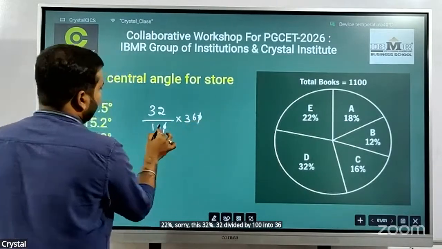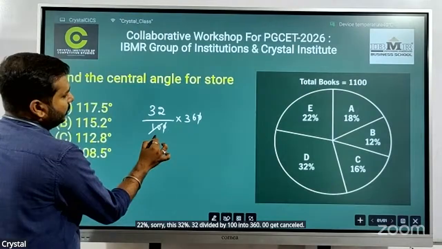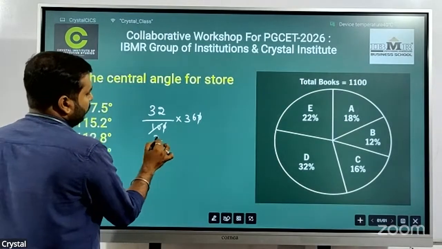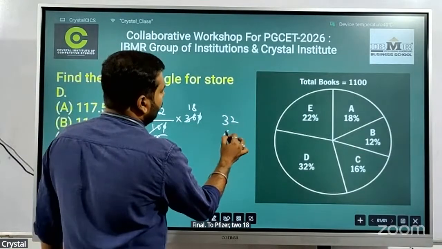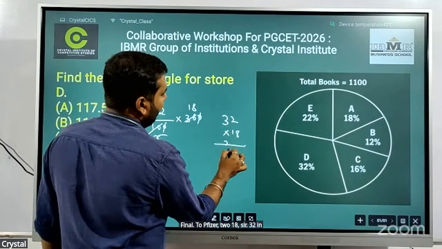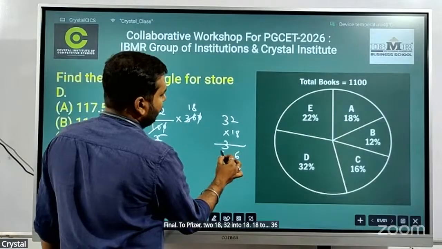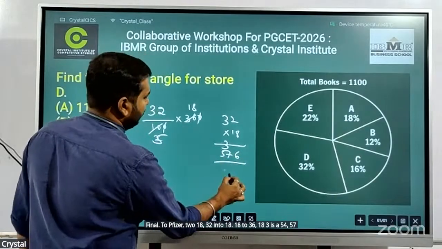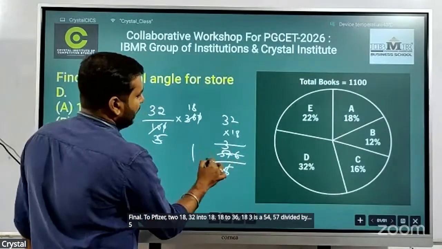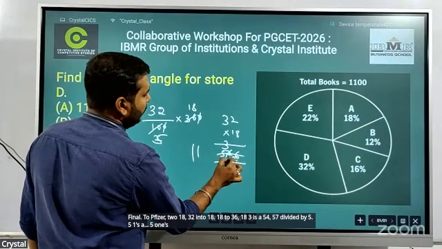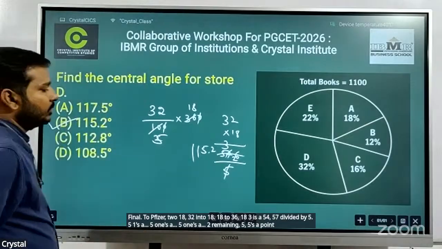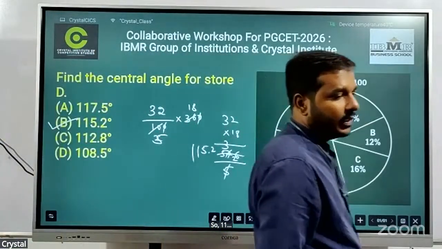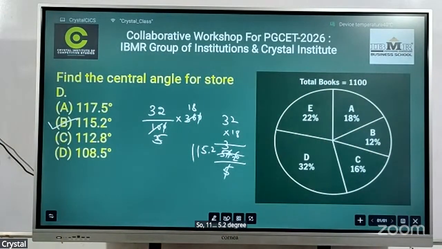Zeros get cancelled. 2 fives are 10, 2 eights are 16, 32 into 18. 18 twos are 36. 18 threes are 54. 57 divided by 5. 5 ones are 5, 2 remaining, 5 fives are 0.2. 115.2 degree is the final answer.